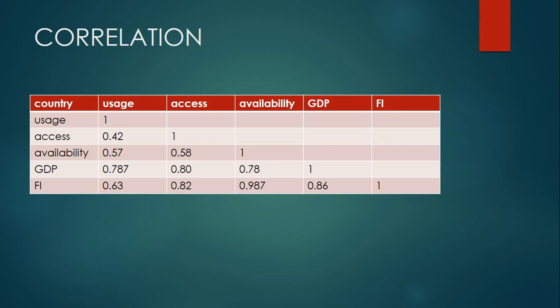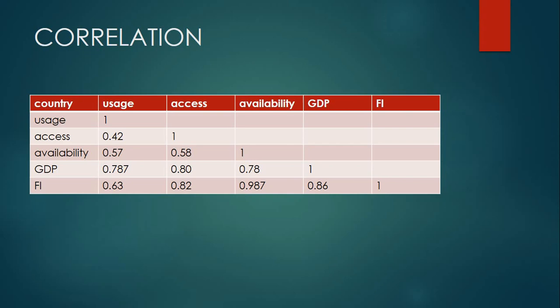Here I got this figure by putting the data in the software. You may use Stata, EViews, or SPSS, and you will get the results of the correlation in this way.